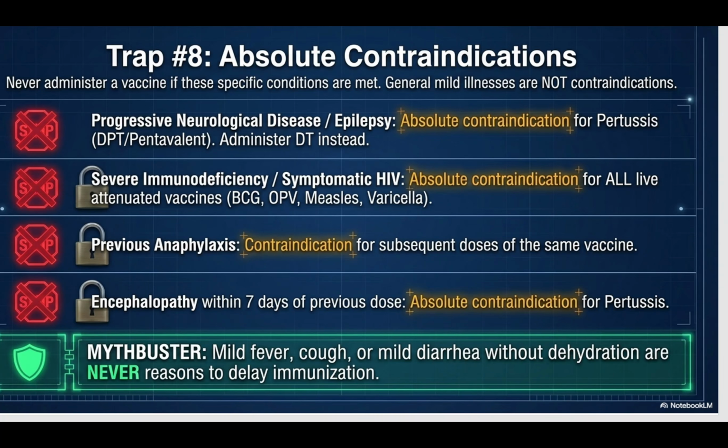If there is history of any anaphylaxis, obviously we have to stop the usage of vaccination in that particular vaccine. And if there is any encephalopathy within 7 days of previous dose of pertussis containing vaccine, that becomes a contraindication to further doses of pertussis vaccine.